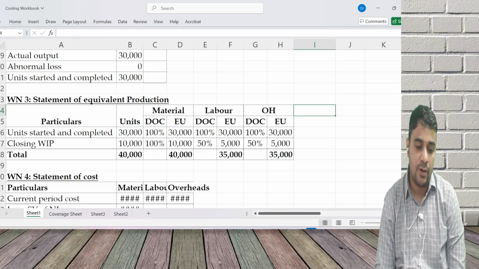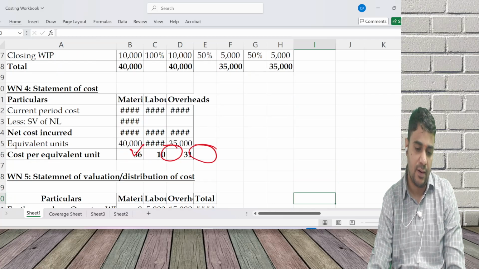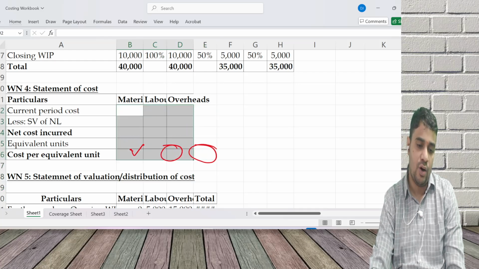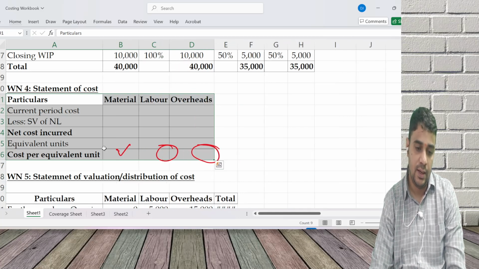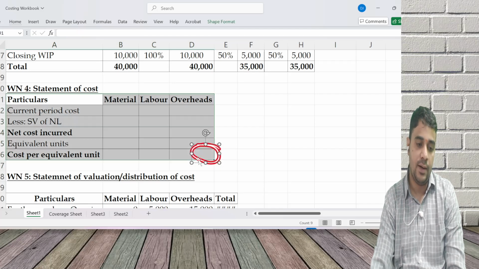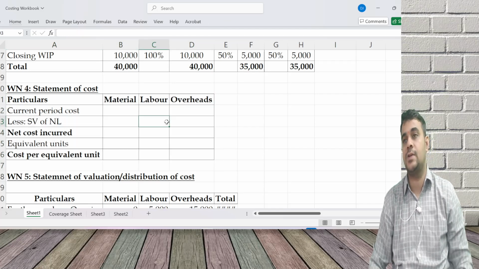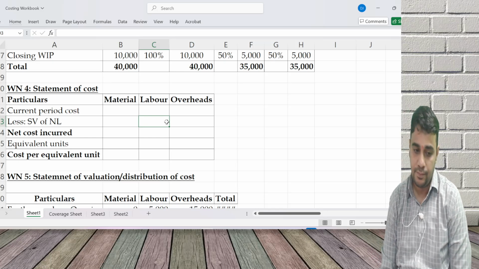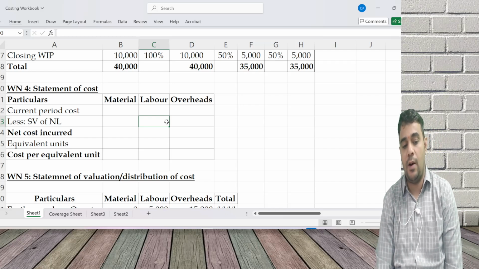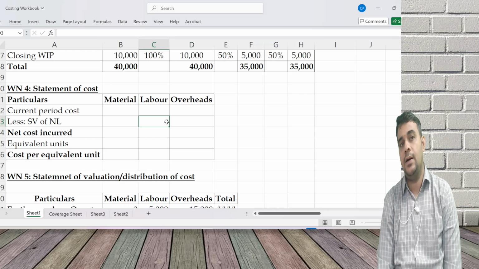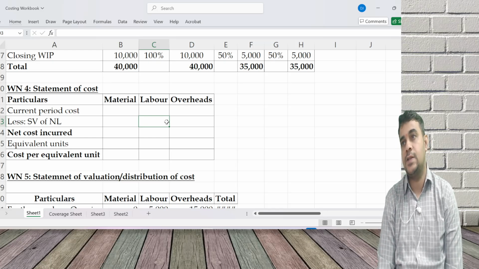Working note for statement of cost per unit, same format. Your numbers alone will change. Again, I am not doing it, you do it. Material, labor, overheads. Sale value of normal loss is not there, zero. As a format you can write it.